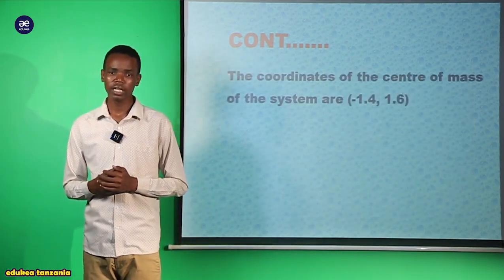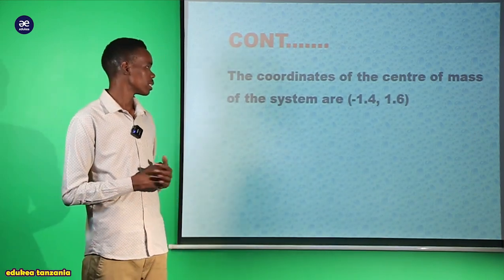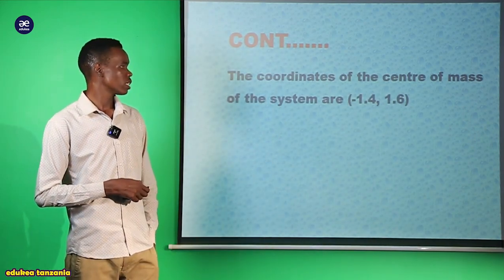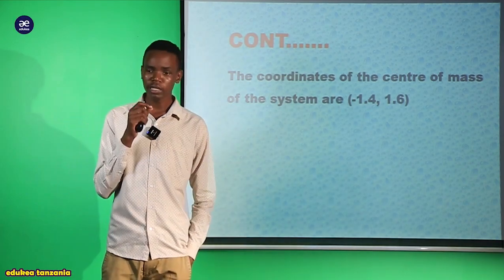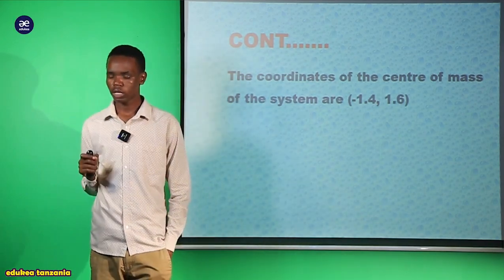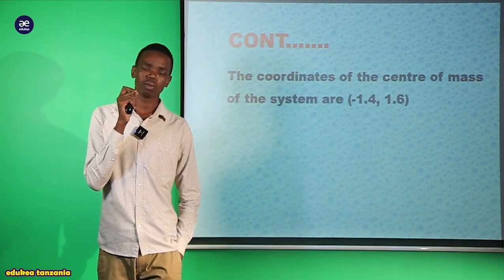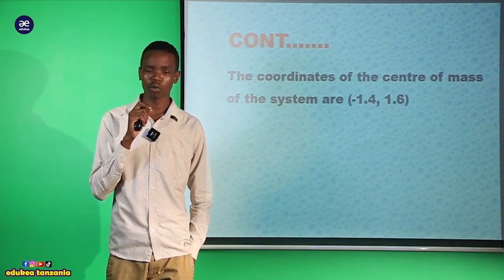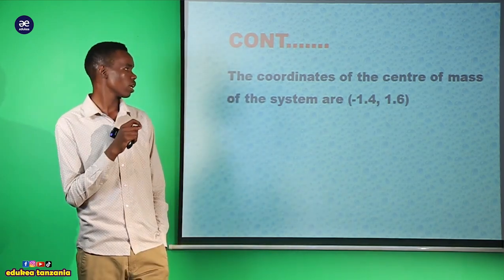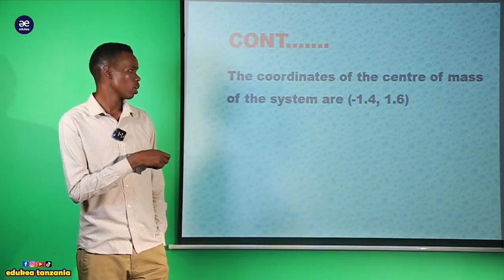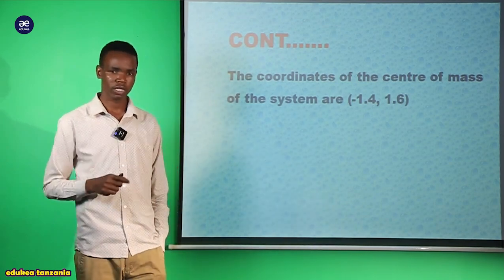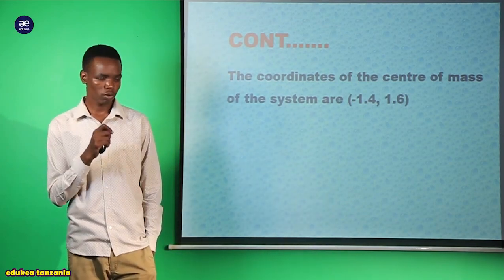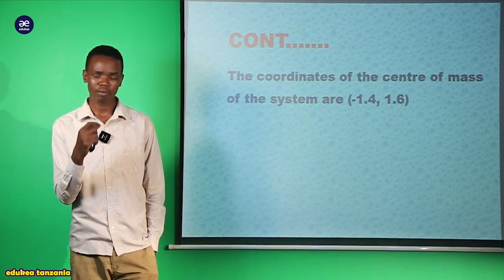Now after getting here, we are supposed to conclude by saying that the coordinates of the center of mass of the system are here. We can conclude according to the question we were asked. Here we were asked to find the coordinate of the center of mass of the system. Now we conclude by following the way we have been asked.